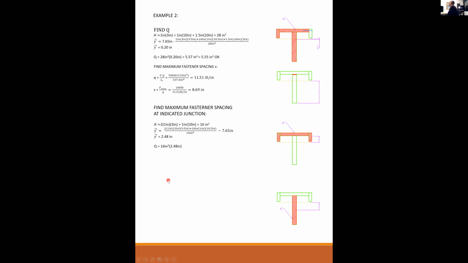That makes Q 16 inches squared times 2.48, which gives me 39.6 inches cubed. Now notice Q is so much larger than this Q, so you know the load is going to be much, much higher across this junction than this junction because Q is so much bigger.